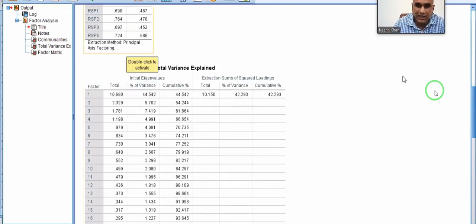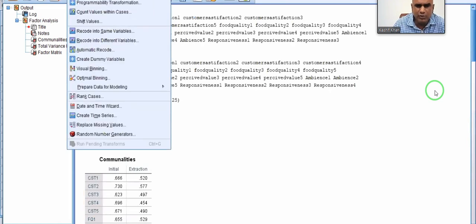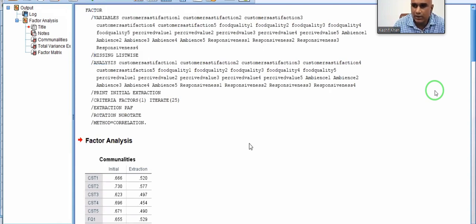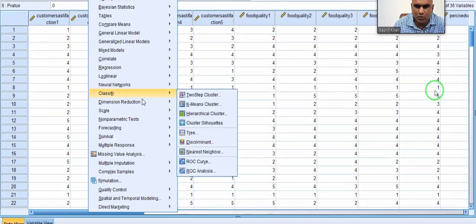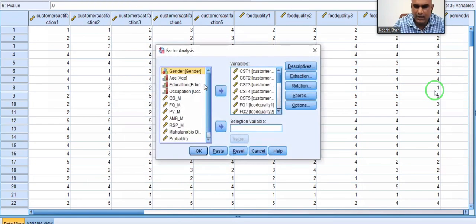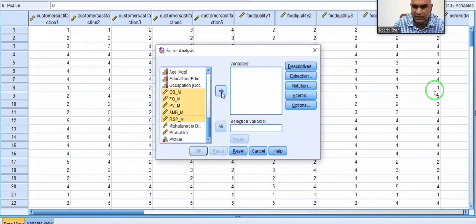Okay, let's do it another way. What if you don't believe in this way, even though I like this way, I prefer doing it this way. Okay, let's do analyze and then go back to dimension reduction and then factor, and then reset it. And now I'll be selecting those mean values that I've taken. Just the mean value. That's it.